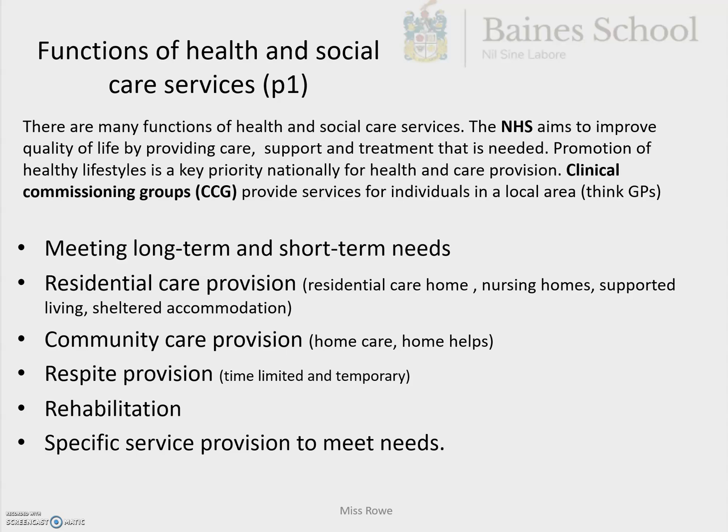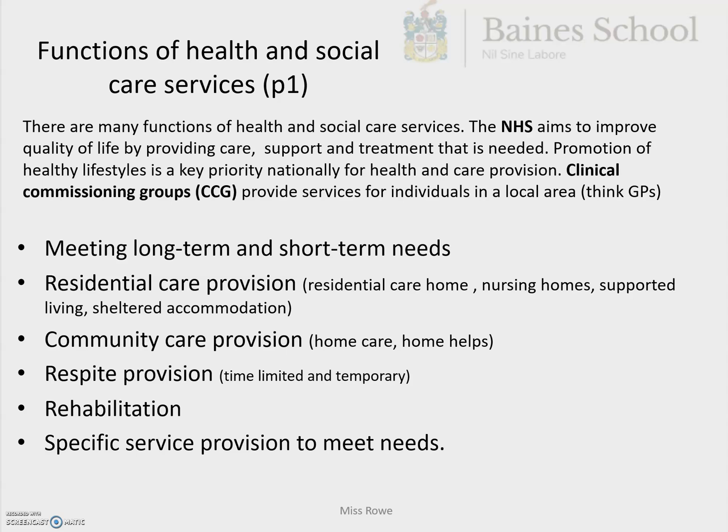So if we talk about the different types of services, the functions, as you can see on this page, are meeting long-term and short-term needs, residential care provision, community care provision, respite provision, rehabilitation, and specific service provision to meet needs. What does that all mean?